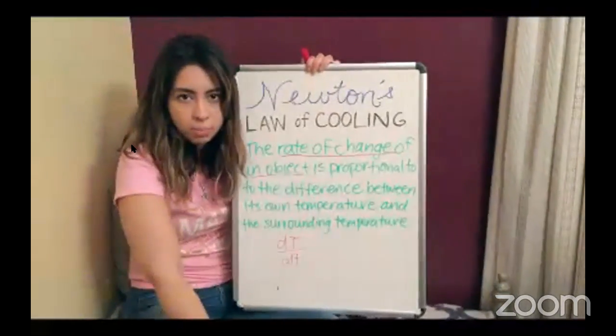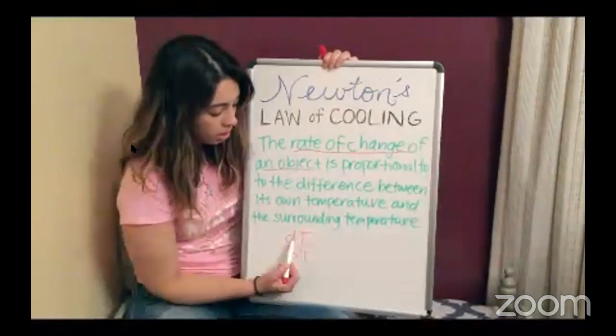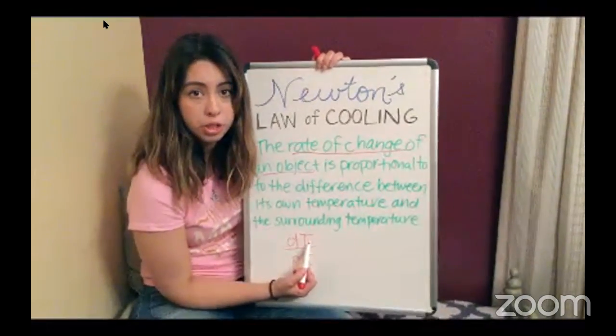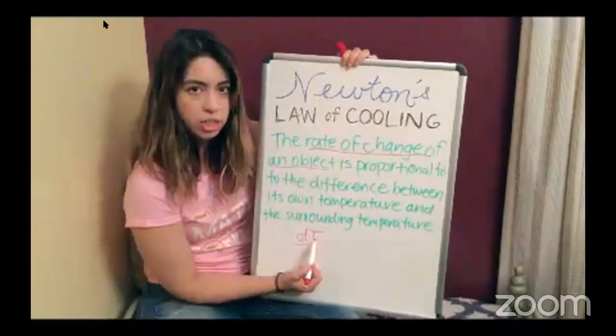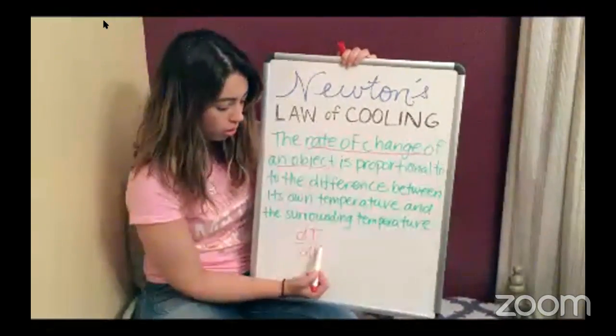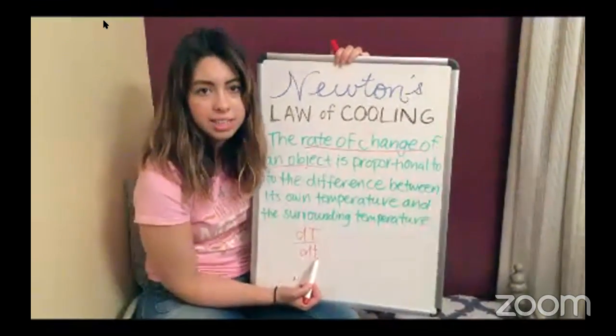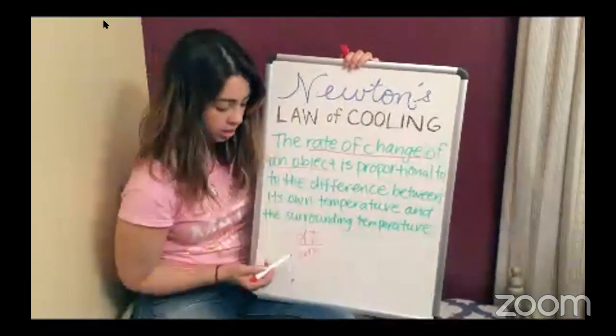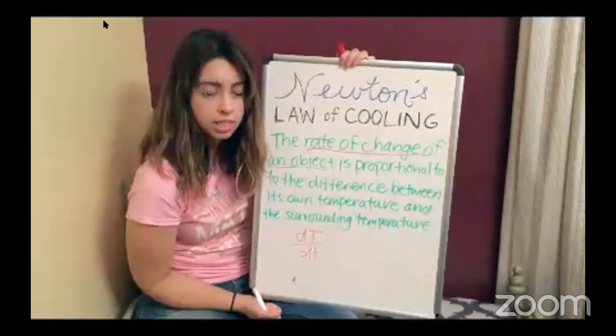How did I come up with that? Well, we see at the top here, this capital T stands for temperature. So this is the change in temperature over the change in time. So the rate of change of an object is dT over dt.